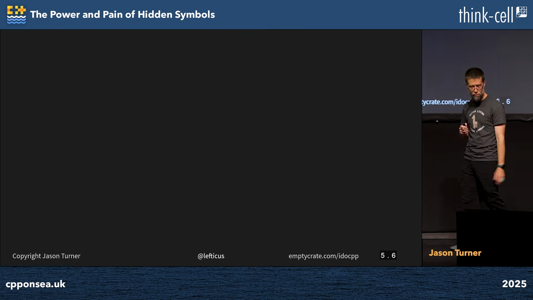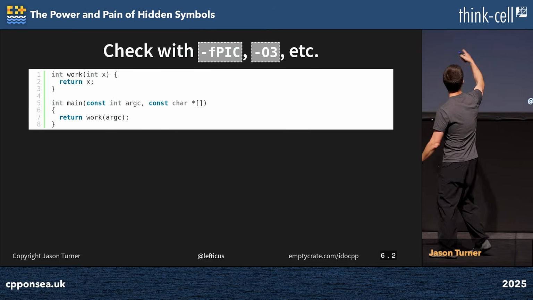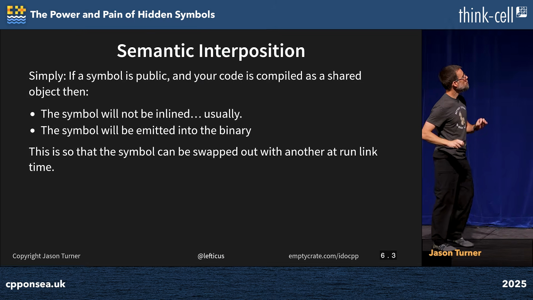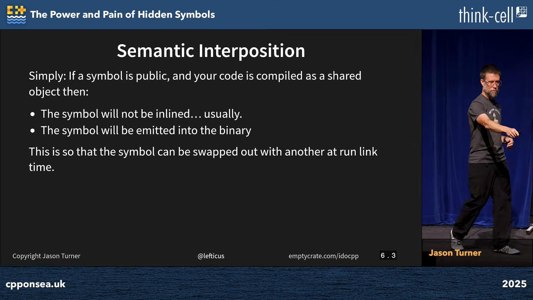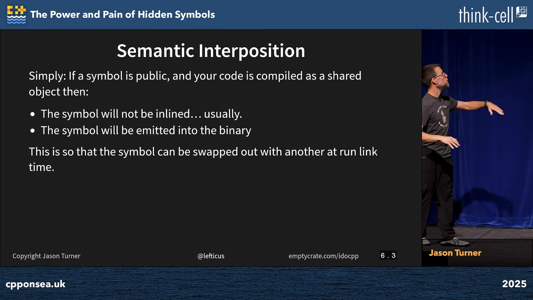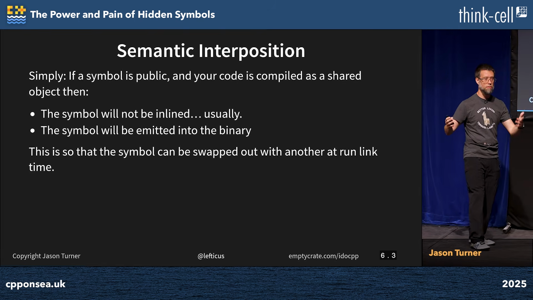Linker settings, possibly. All right, thanks. I did jump ahead, okay. So this is semantic interposition. Who said that? Was it Matt? Yeah, okay. If a symbol is public and your code is compiled as a shared object, then the symbol will not be inlined.